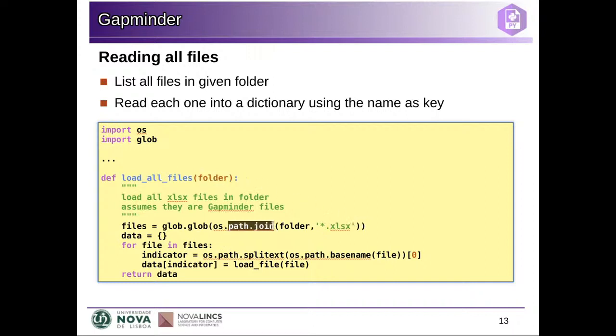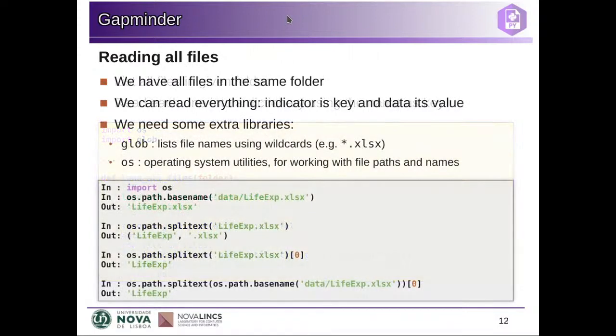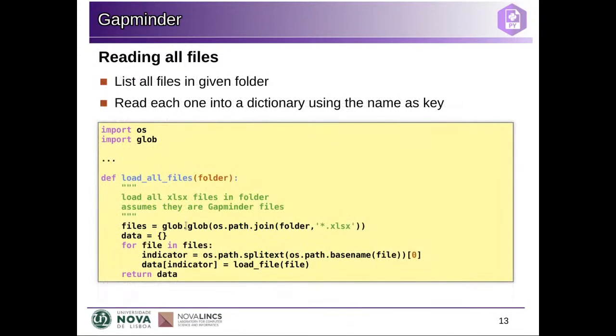This path join function allows us to join one path and the name of a file by automatically putting these separators as needed. So if you don't want to have to check if the separator is already provided or not, it's easy to use this function, and it just does this automatically.